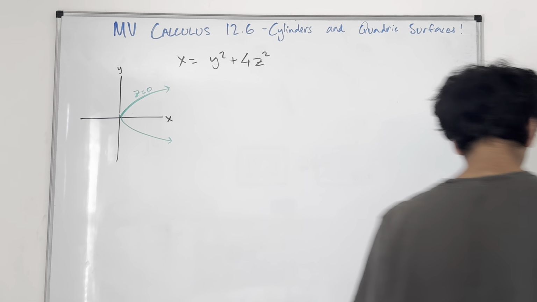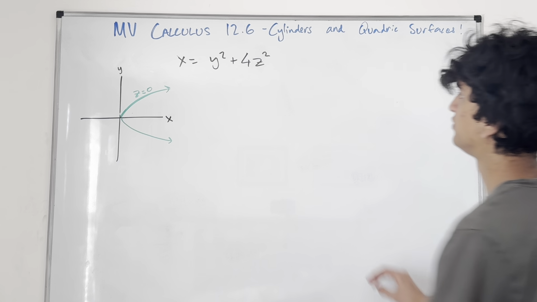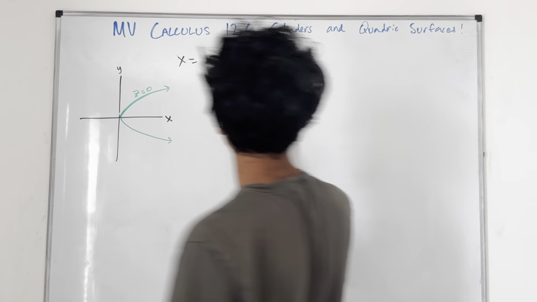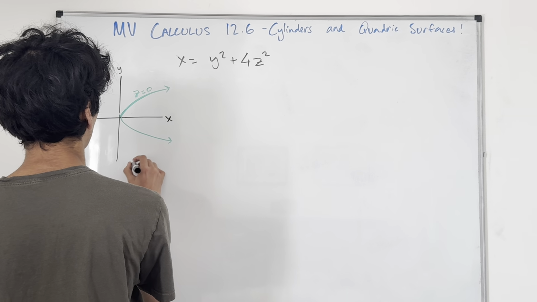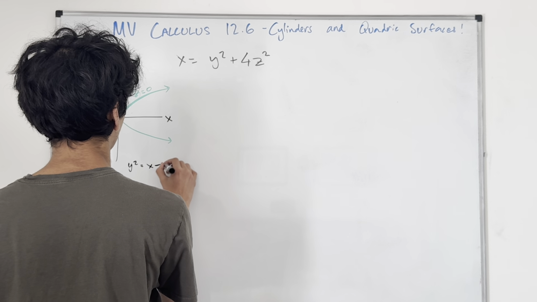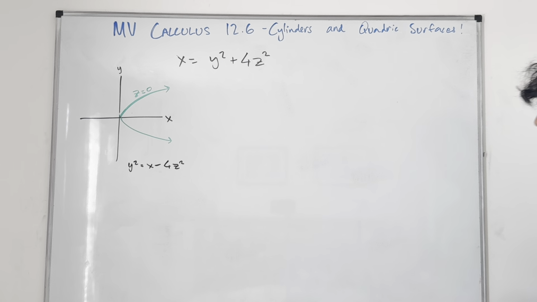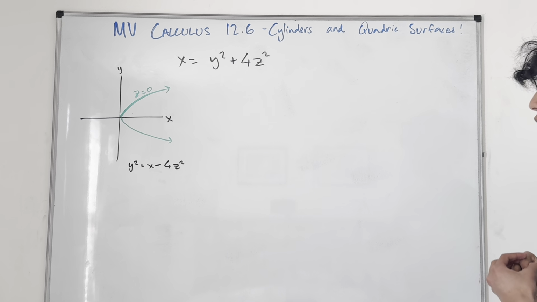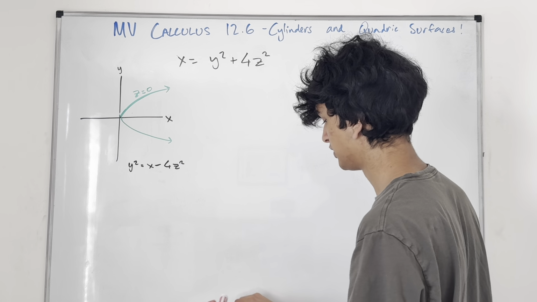Now what happens as z increases? Well, when z increases, what we can do to better understand this is arrange this into y squared is going to equal x minus 4z squared. And by rearranging it like this, you see that the z term kind of acts like a horizontal shift. So as z increases, you get this horizontal shift.